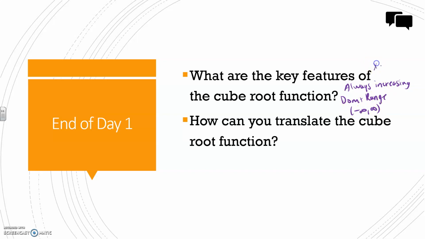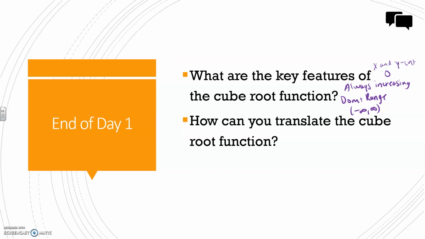And the x and y intercept are at 0. And then again, how do you translate it? It's the same rules as before. If it's inside the radical, it shifts it left or right, opposite of what you think. And if it's outside, it shifts it up or down.